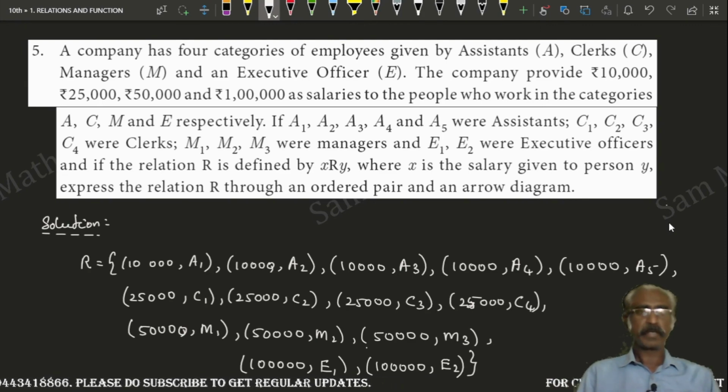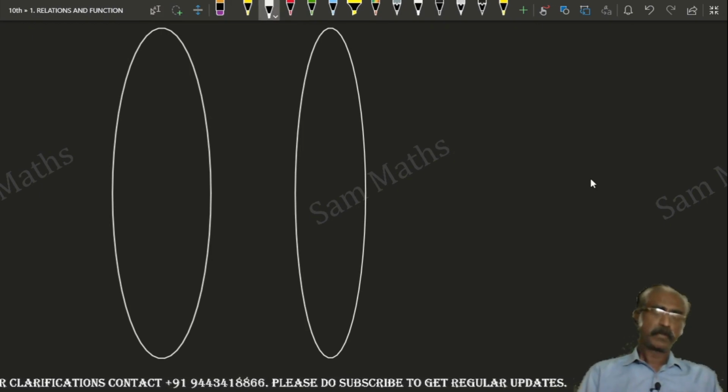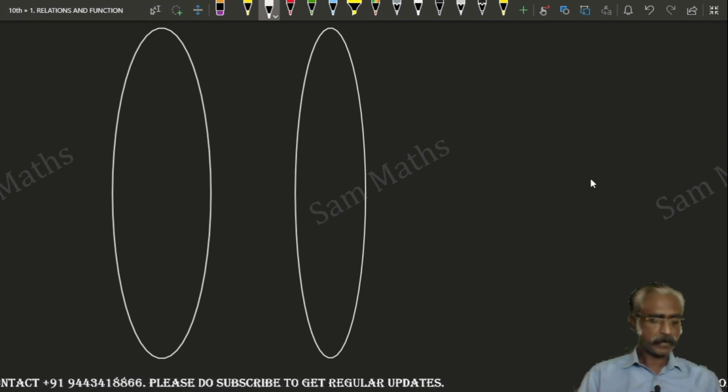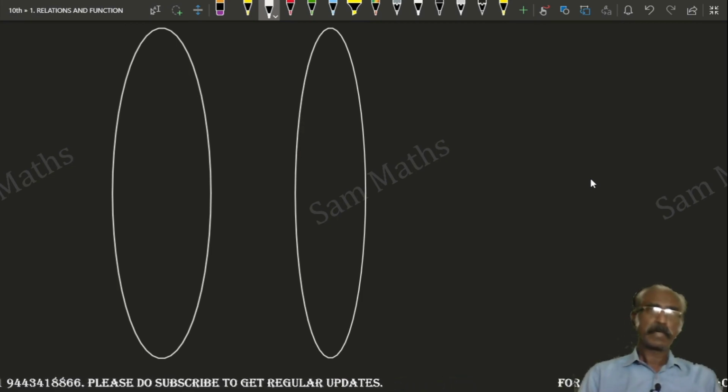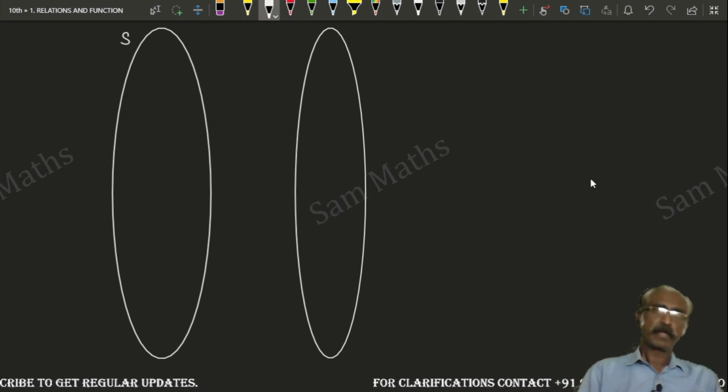Okay, children. Now we have to go for the arrow diagram. For the arrow diagram, I consider 2 sets. The first set is salaries; I am using S for that notation. This is workers.